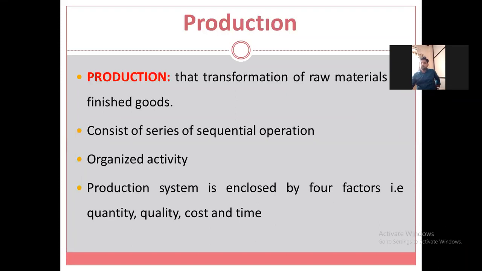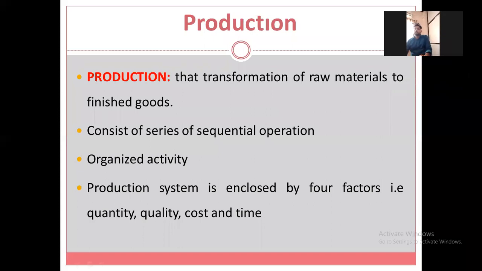Okay, so then let us discuss what is meant by production. We know that production means transformation of raw material into finished goods. That is the general idea about production. We have to consider the raw material or the input parameters, perform some operations on that material, and transform it into a finished good or a usable product.